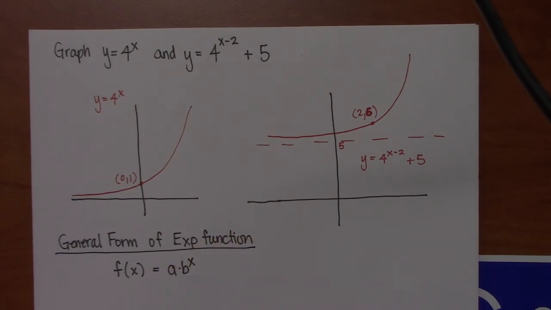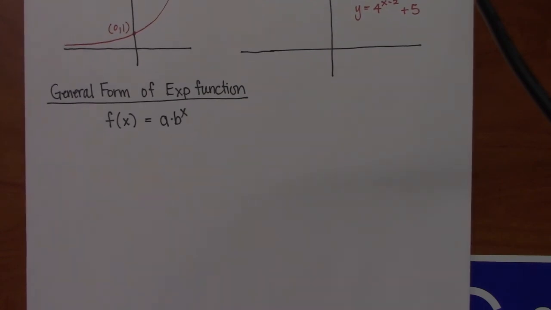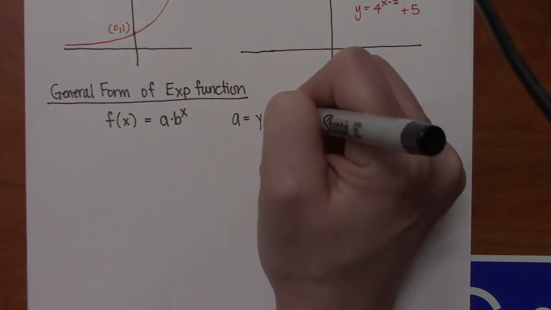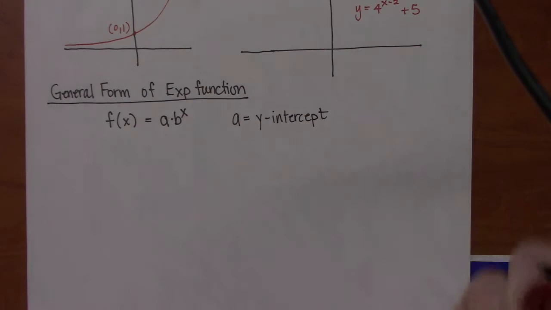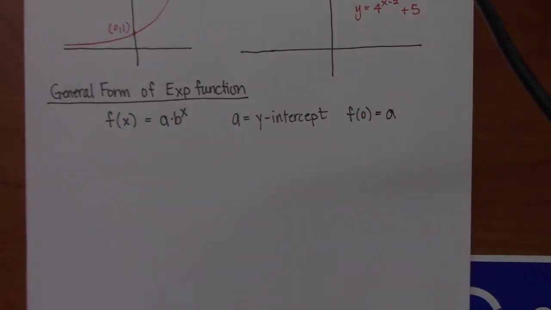If we want to allow for every eventuality, we could say we could have an expression of the form a times b to the x. So only b is being raised to the x, not a. A is going to act as a coefficient. A is going to be the y-intercept. That's because if you plug 0 into the function, you will get a out, because b to the 0 would be 1, and then you would multiply it times that value a.